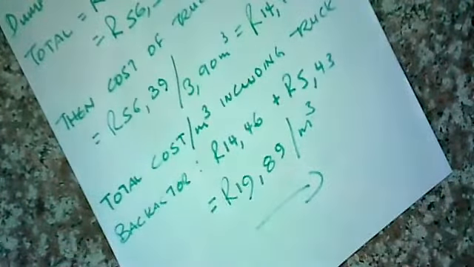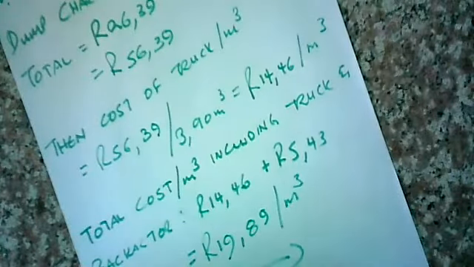Right. So that's basically bringing in the two machines that we own and what it costs us per meter cube.